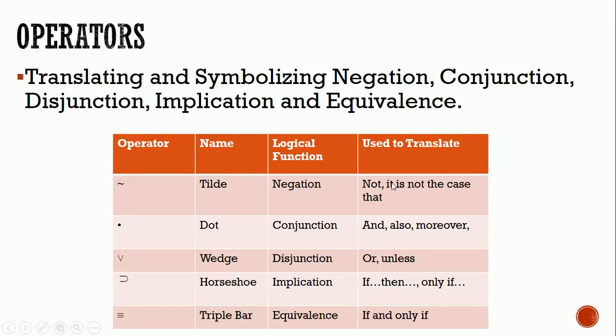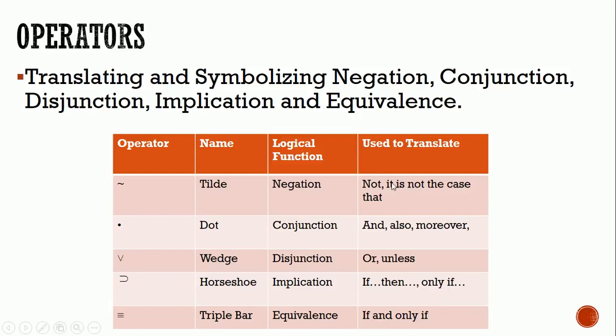But we do the best we can, because once we get it into the form where we can manipulate it, it's set. All right. Dot, conjunction, and also moreover. The wedge, disjunction, means or unless. Horseshoe, implication, if, then, only if. And the triple bar, equivalence, if and only if.